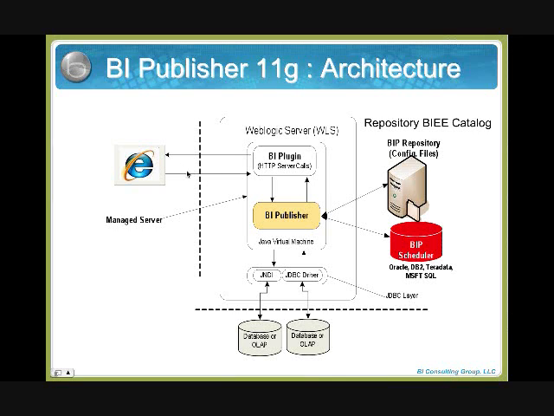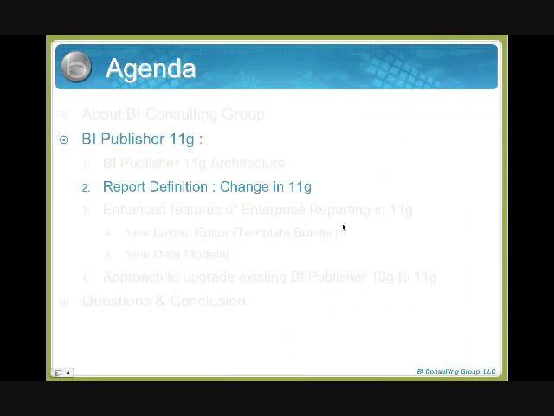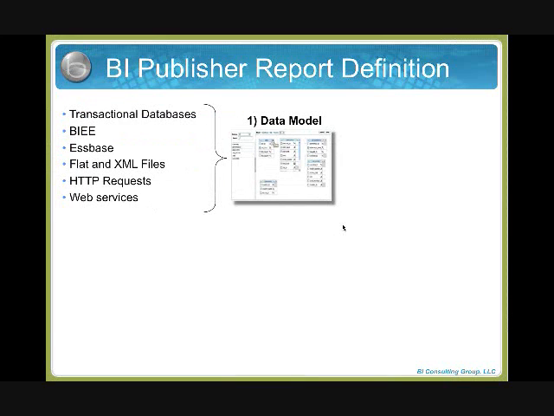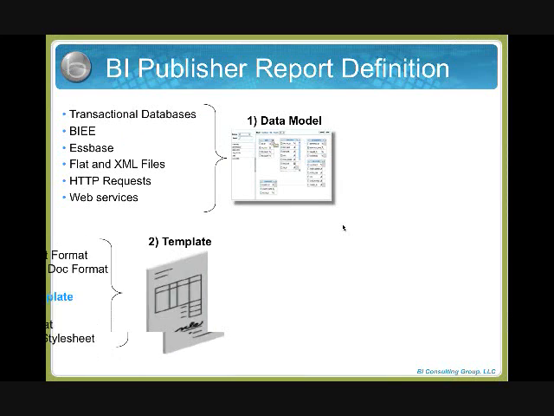So now that I have explained the logical architecture of how BI Publisher is installed, let me talk about what a report definition is. Well, a report definition basically consists of two things.